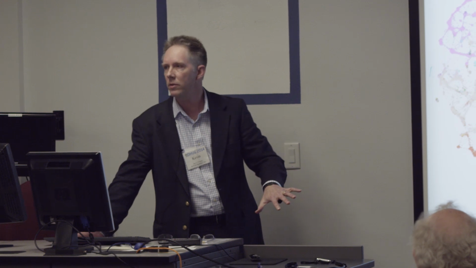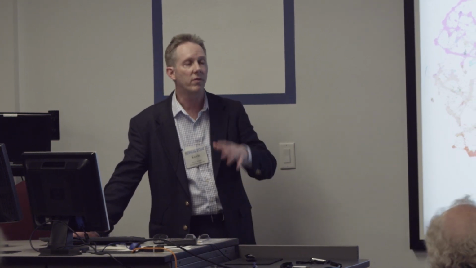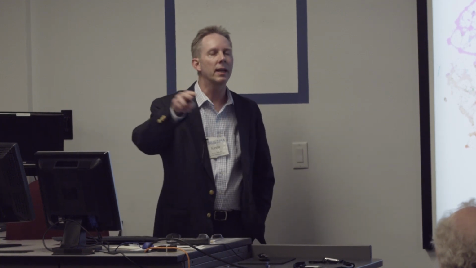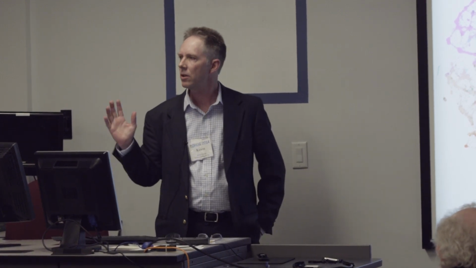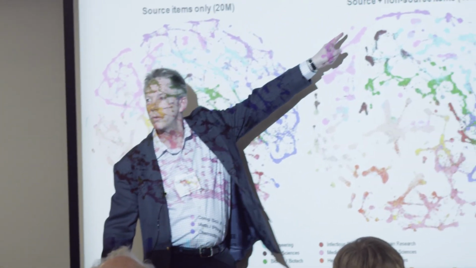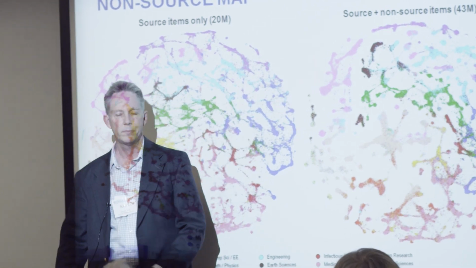So this year we thought it would be really interesting, since we have the cited references from the Scopus data, and a way to resolve those to a large degree, to include the non-source items in our map. Everything that's cited at least twice. Let's include that and see what happens. This map over here has 43 million documents in it, so we more than doubled our coverage.